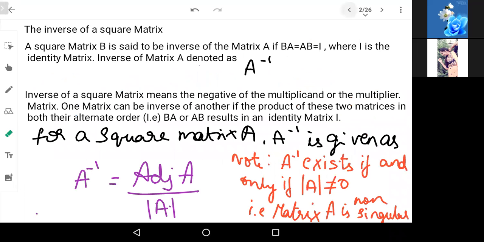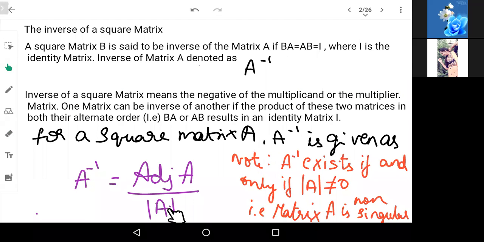Now, by using this formula, adjoint A by determinant A, we will be calculating the A inverse. Again, there is one condition which we have to make sure of. A inverse we can calculate only if determinant of A is not equal to 0.